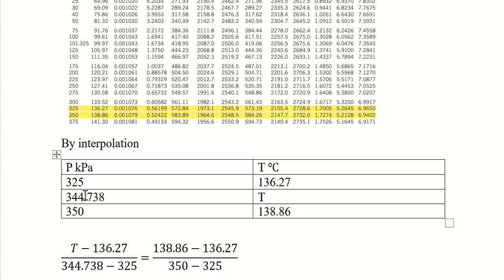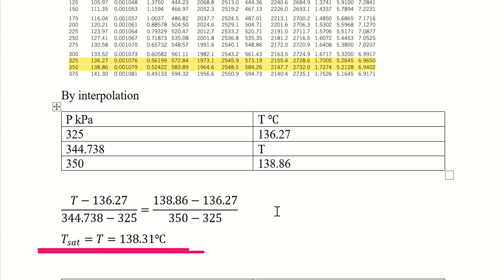And now you put the value which you have, which is 344.738, and the temperature which you want, and then this other value which is slightly above the given value, 250, and 138.86. And now how does interpolation work?